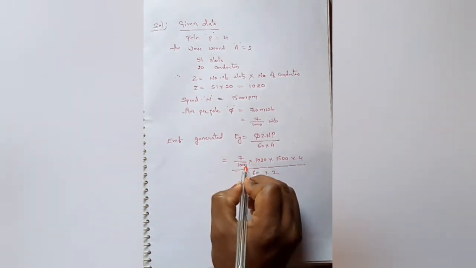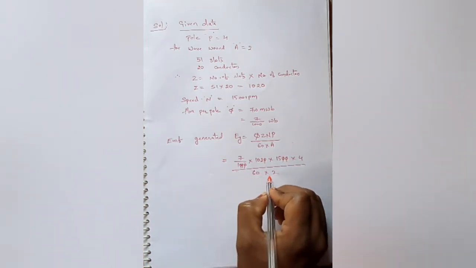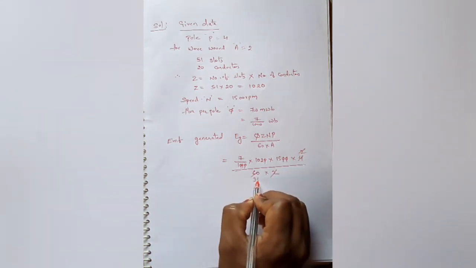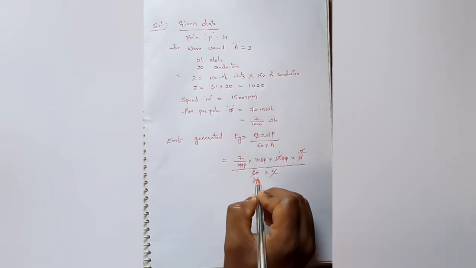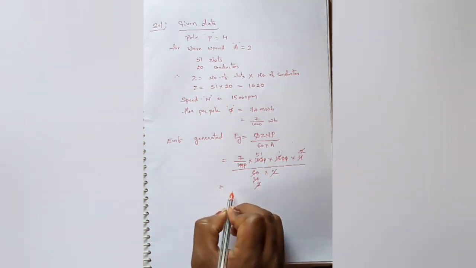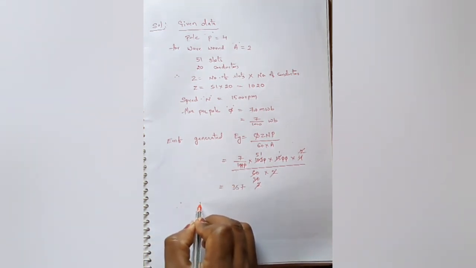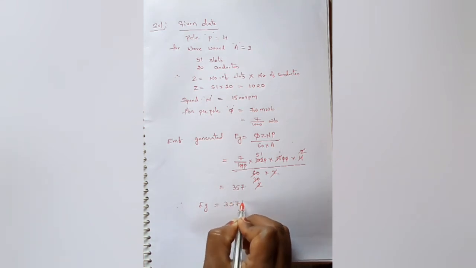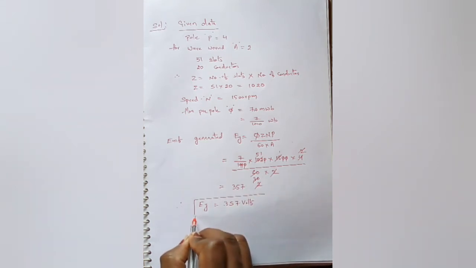By cancelling zeros from the above equation, 2 2s are 4, 2 1s are 2, 30 and 15 1s are 15, 2s are, next it's over 51. So overall the answer is 357 volts. The EMF generated, the voltage generated, is equal to 357 volts. This is the required answer for the given problem.